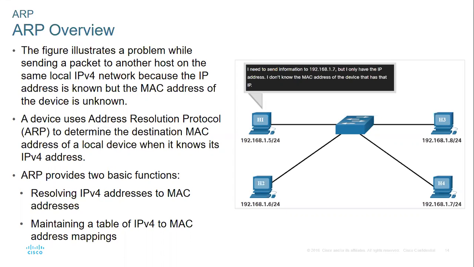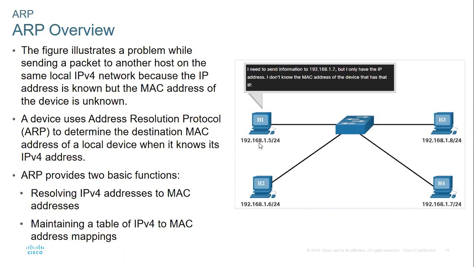And in that reply, it is going to include its MAC address. Okay? So H1 will receive that message and it will put in its ARP table the IP address and the MAC address for H4.